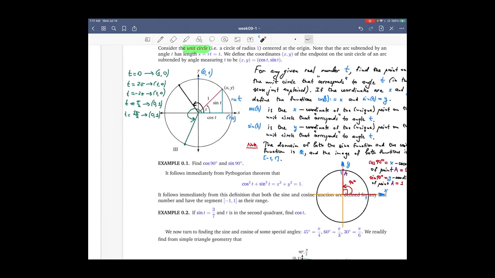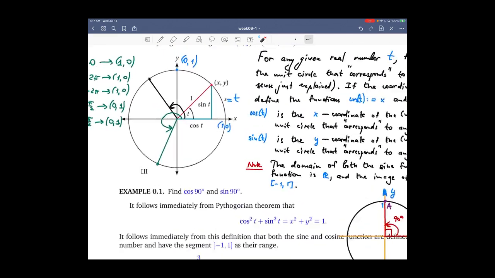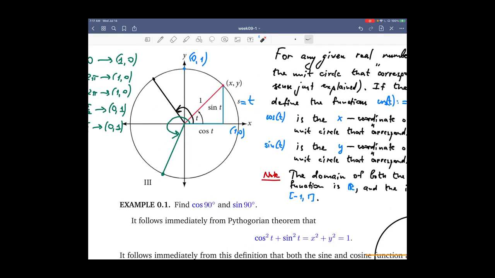Why is that? Well, this is the unit circle, so this distance is 1. And if we look at this right triangle, OAB, the hypotenuse in this right triangle is 1.